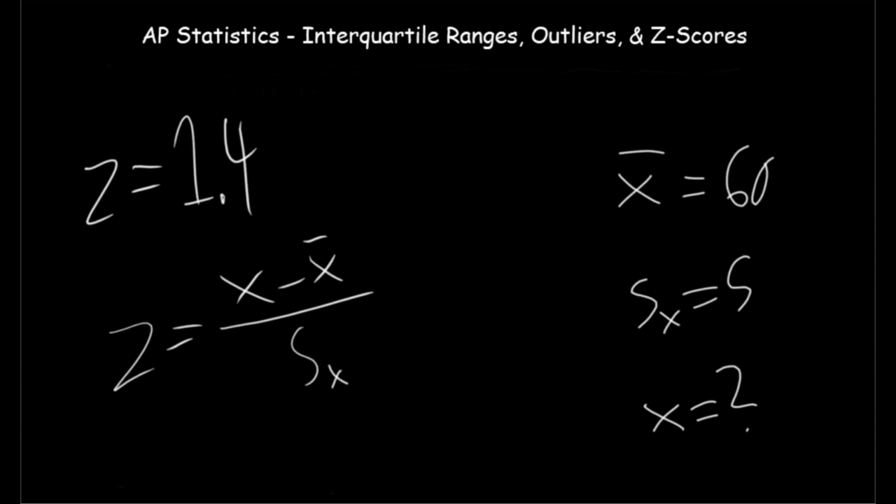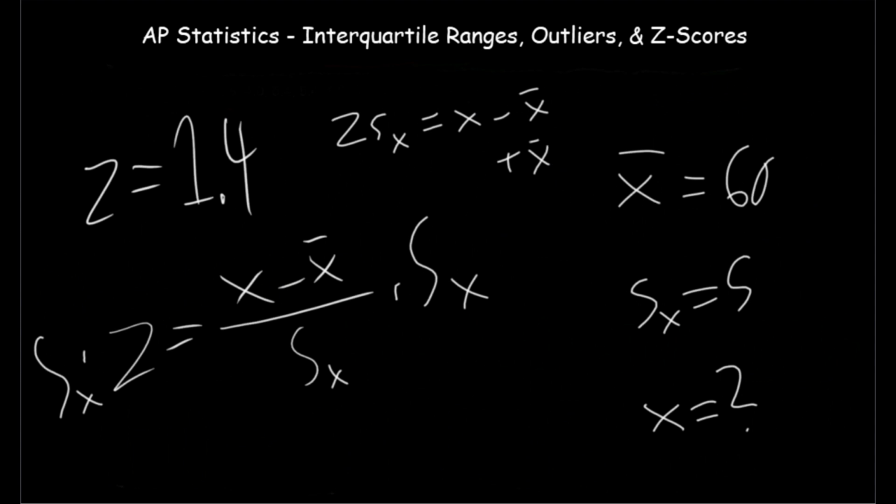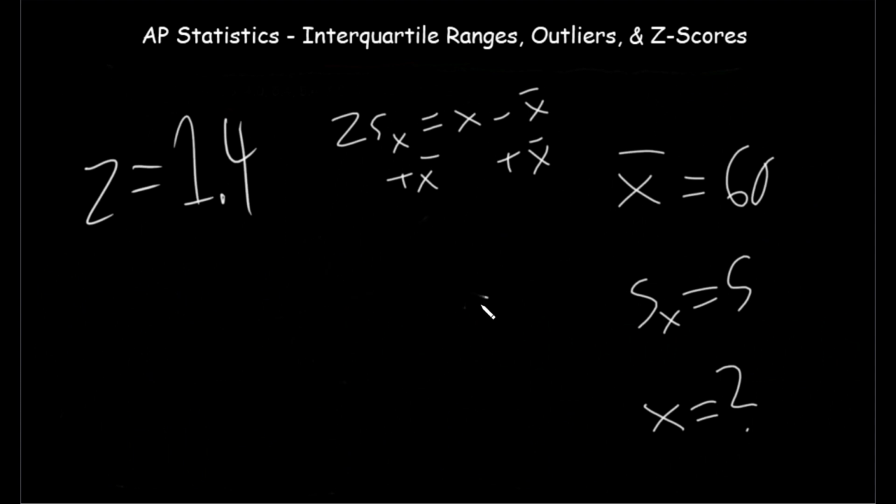And you're going to end up with this formula, but you're solving for this variable, the x, the value you ended up with to get that z-score. So what you're going to have to do is a little bit of rearranging. This is where the physics comes into play. And now you can solve for x using this rearranged formula.